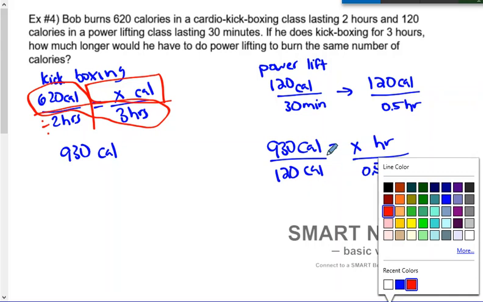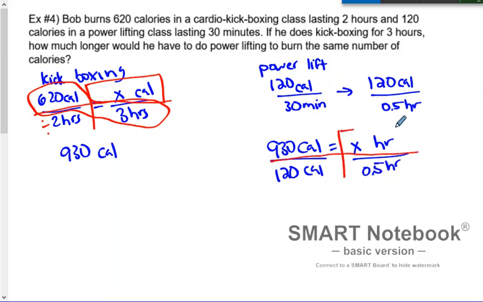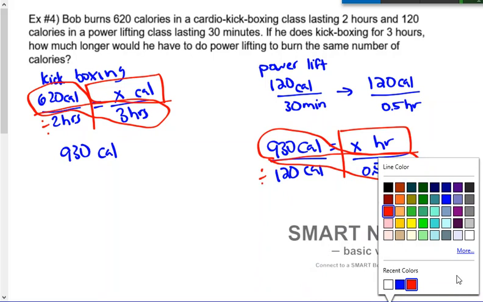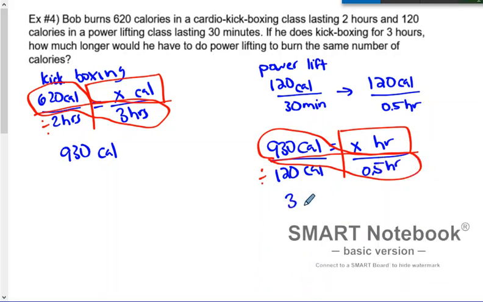Same thing for this one, so I'll divide here, multiply the other two, so 930 times 0.5 divided by 120 in your calculator, and you should get 3.875 hours.